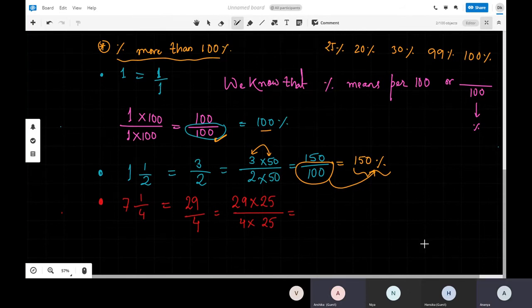724. Anshika, anything which gets multiplied by 5, can it end with a 4? Multiplied by 5 at the end. Oh, wait.